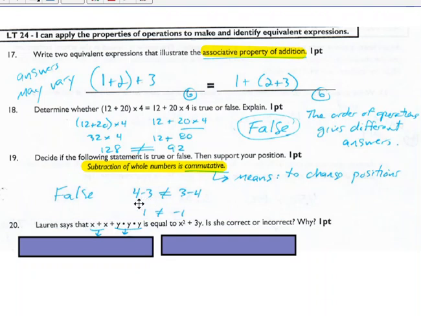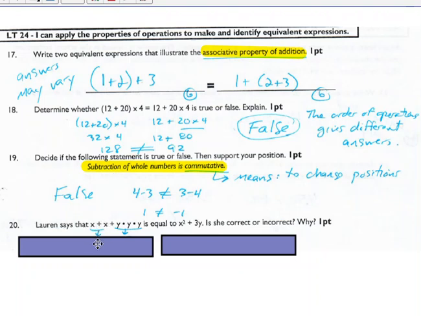And here's an example. 4 minus 3 is not going to equal 3 minus 4. So we've switched our numbers, but we get different answers. So this is not true. Okay, if it said addition of whole numbers is commutative, we're okay with that. That's true. Multiplication is commutative, but subtraction is not. Division also is not. So they could have said that. But that one was false.